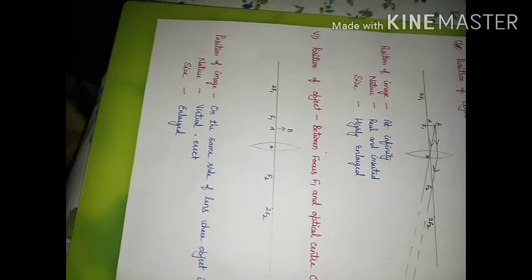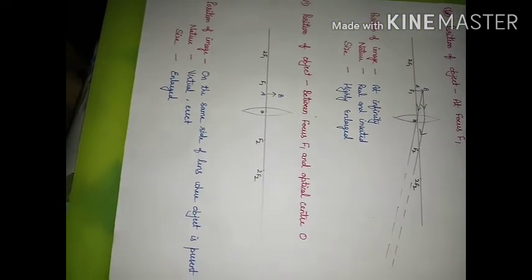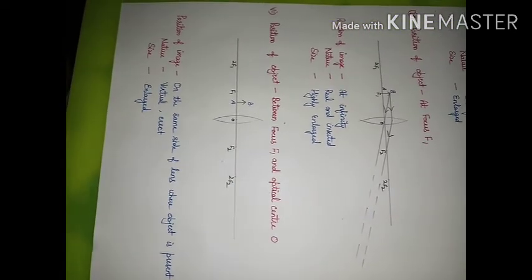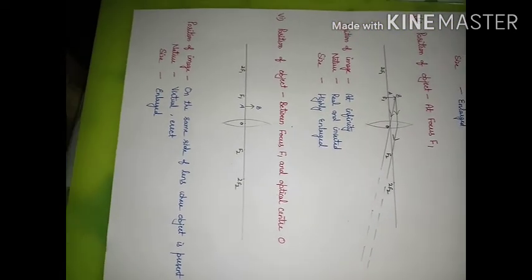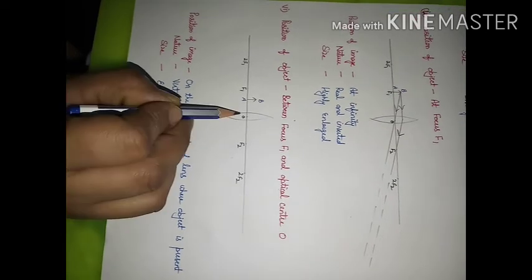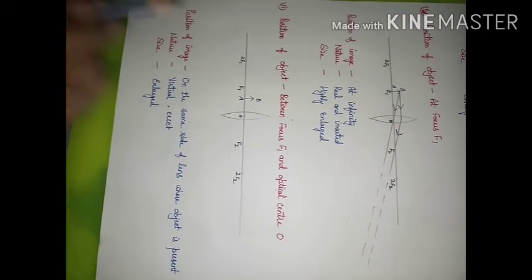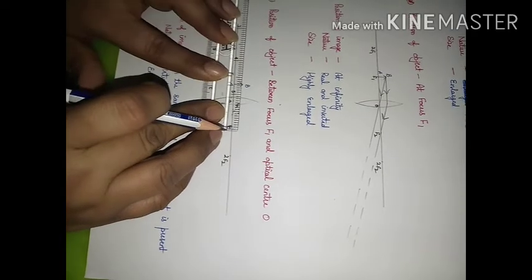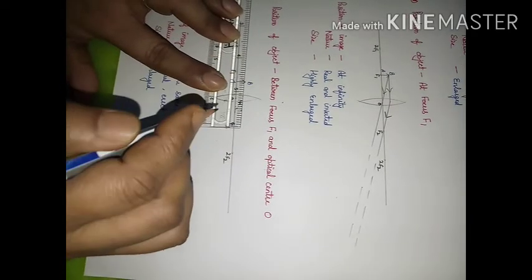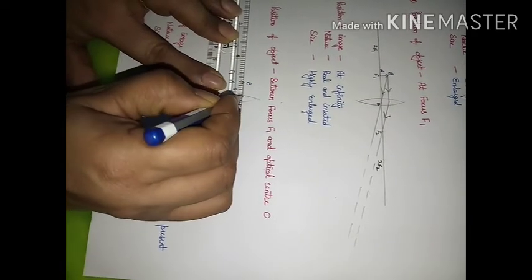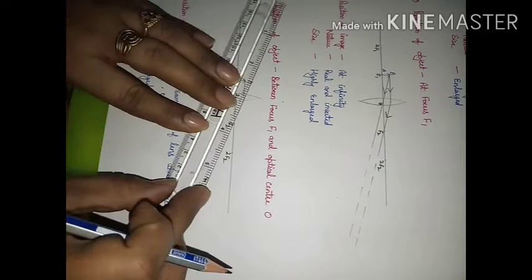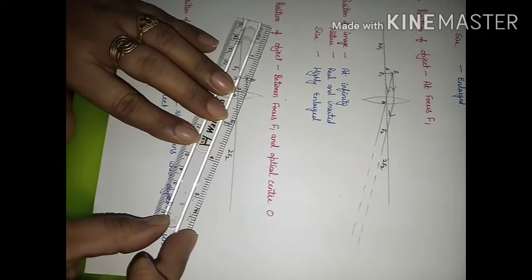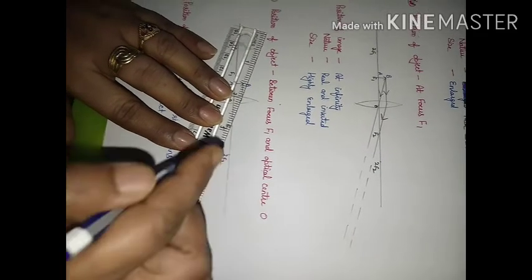Now this sixth case is showing how can you use convex lens as a magnifying glass to see virtual and erect image. For this we are going to keep the object between optical center and focus. So again we will consider one ray of light coming from this point, and after refraction it will pass through the focus.